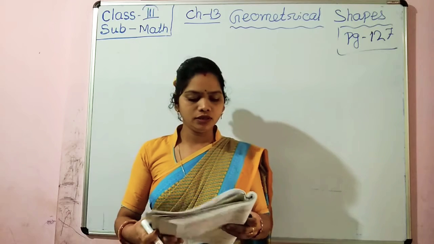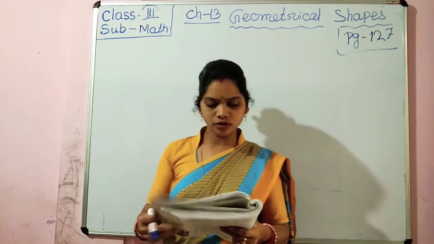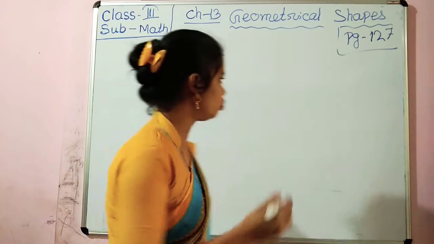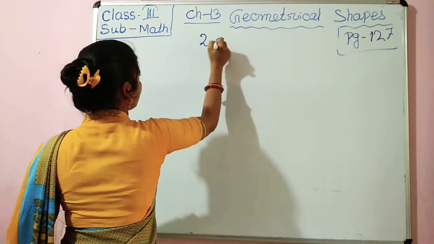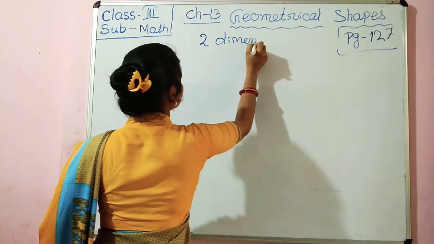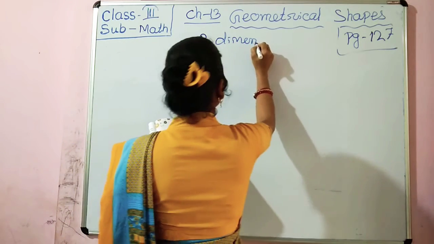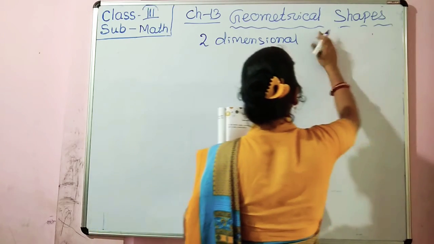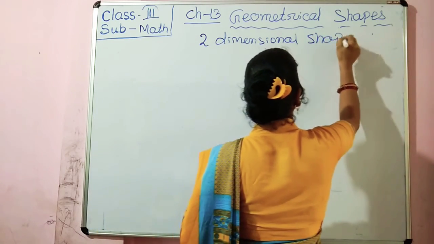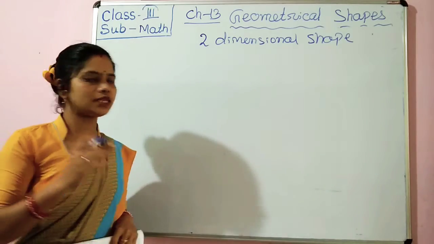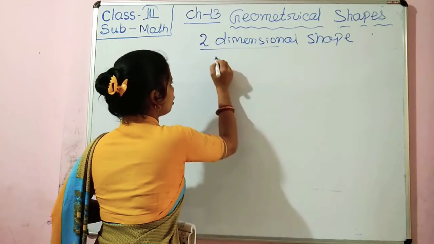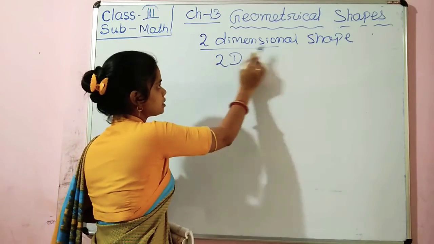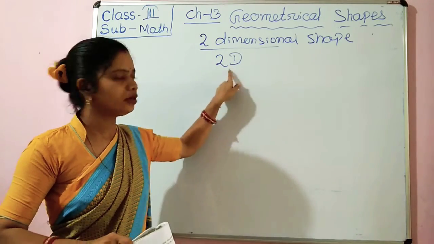Okay? Let us know about the two-dimensional shape. Two-dimensional shapes we call two-dimensional or we call 2D shape.